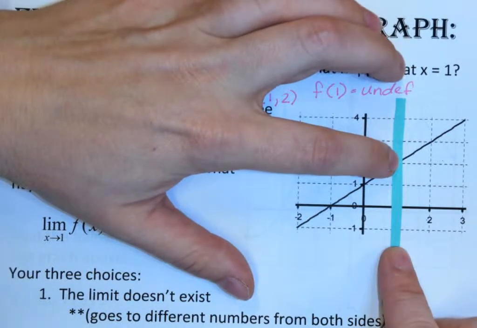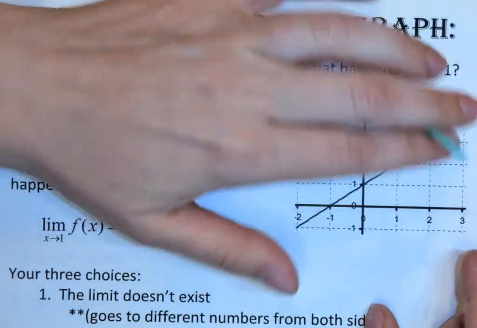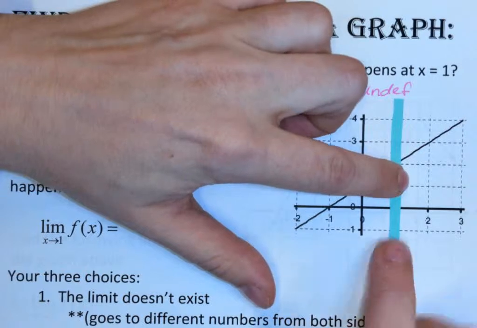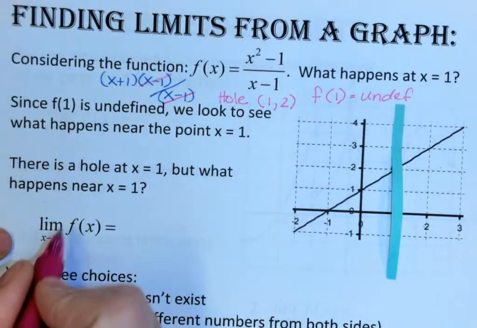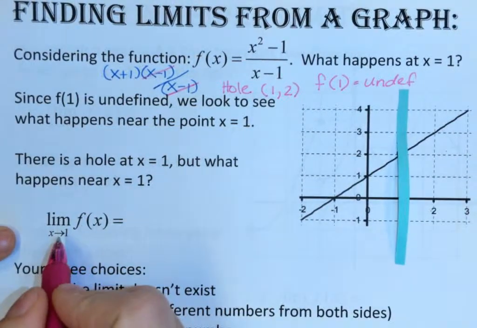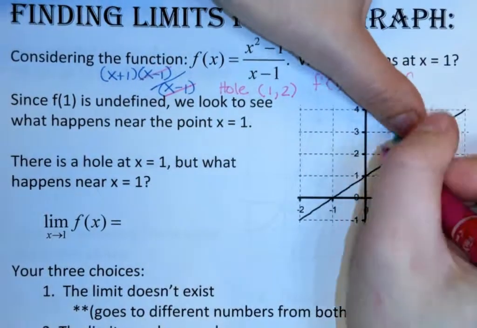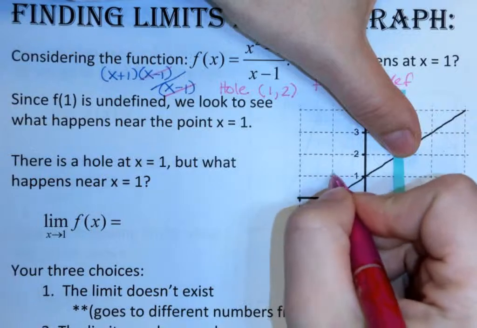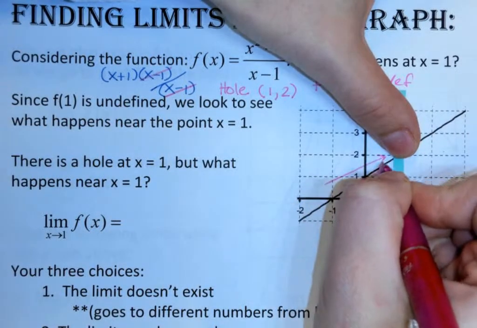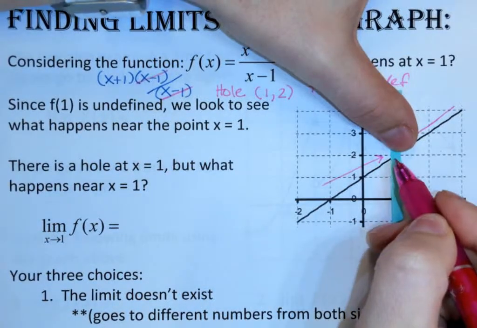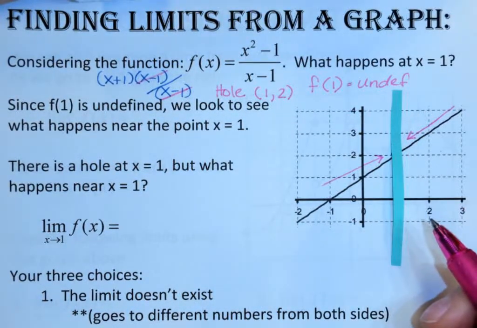What does it look like it's going to? I don't care what actually happens there. I only care about what does it look like it's going to. So that is determined by saying the limit. The limit as x goes to 1 is saying, as I move on the axis towards 1 for x, what does my corresponding y value end up becoming? 2.